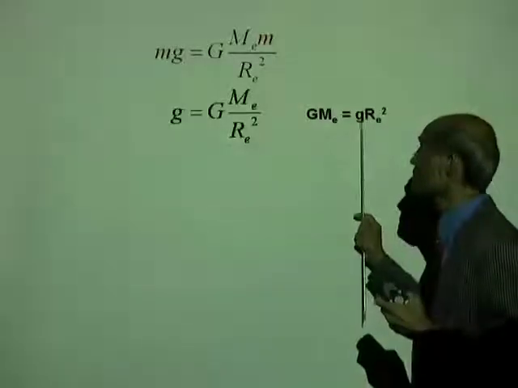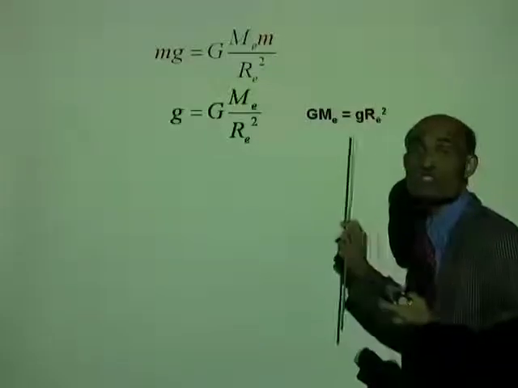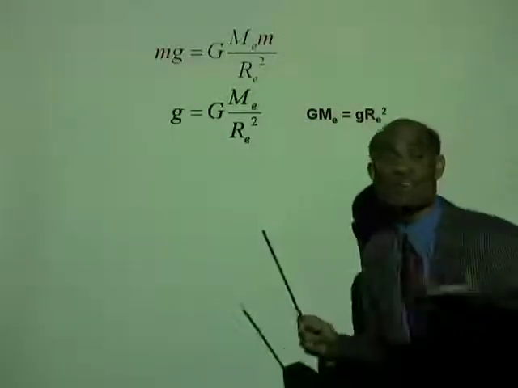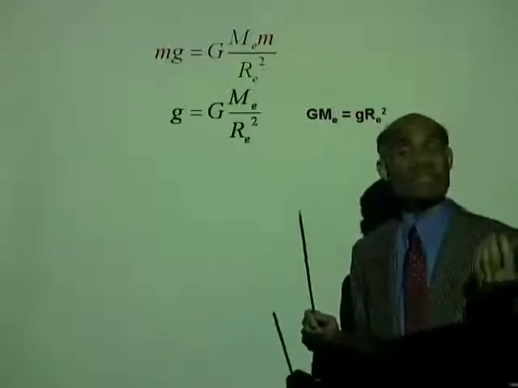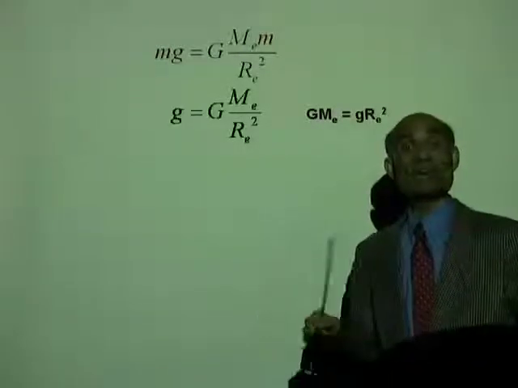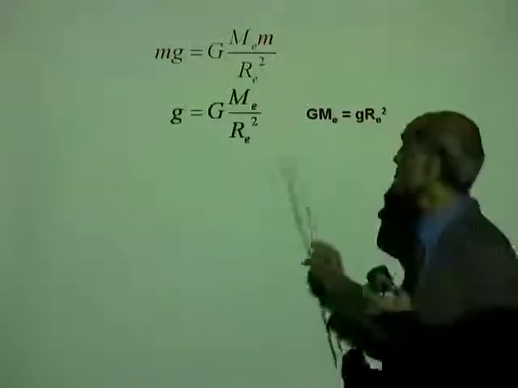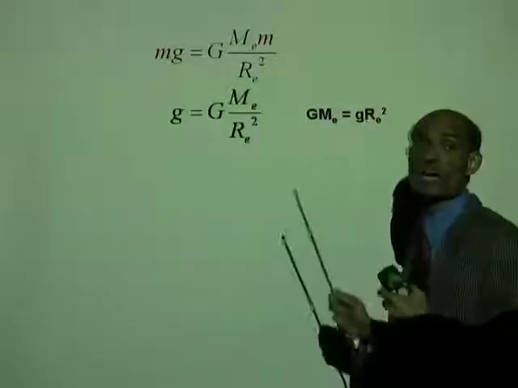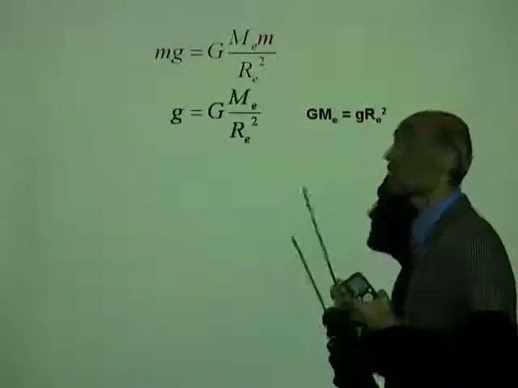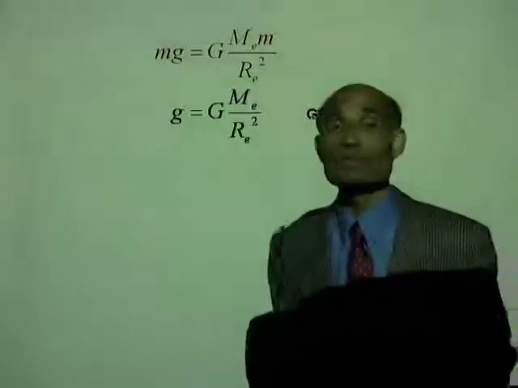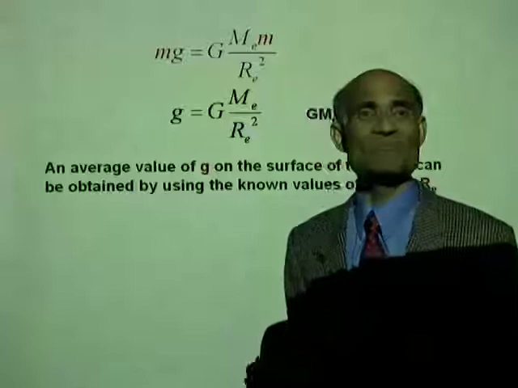But look at this, g R_E squared, where g is the value of acceleration due to gravity on the surface of the Earth, which we can take as 9.8. Although it doesn't remain a constant, we can take an average value of small g as 9.8 meter per second squared. And R_E is the radius of the Earth, which everybody must have a fair idea what it is.